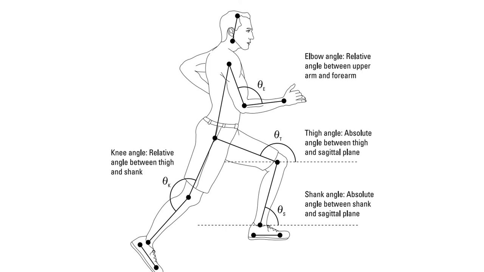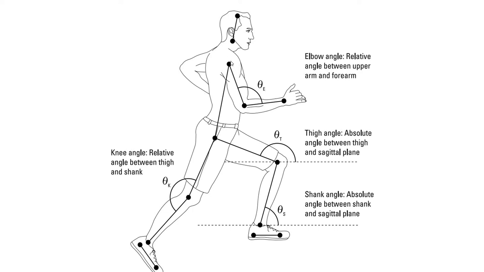So here, instead of our retroreflective markers, we have these black circles here, but they represent the same thing. It's the same principle. So if we'll keep the terminology basic for now, we just have a marker up here on the shoulder, one on the elbow, one on the wrist.